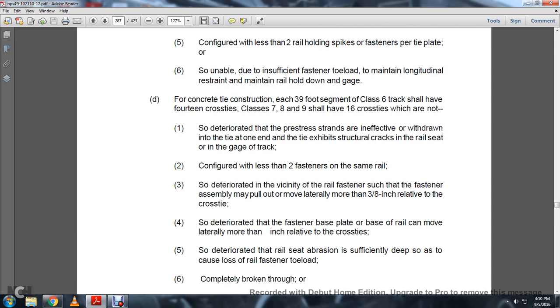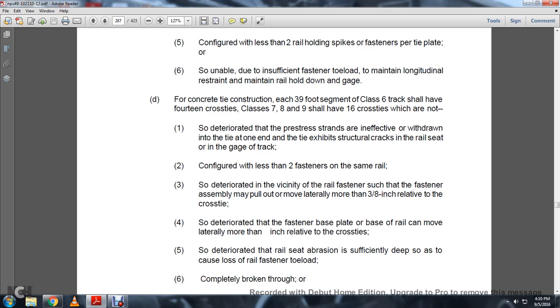D. For concrete tie construction, each 39-foot segment of Class 6 track shall have 14 ties, and Class 7 and 8 shall have 16 cross ties, which are not: 1. So deteriorated that the prestressing strands exhibit excessive withdrawal into the tie at one end, or the tie exhibits structural cracks in the rail seat or gauge of the track; 2. Configured with less than 2 fasteners on the same rail; 3. So deteriorated in the vicinity of the rail fastener that the fastener assembly may pull out or move laterally more than 3/8 of an inch relative to the cross tie; 4.